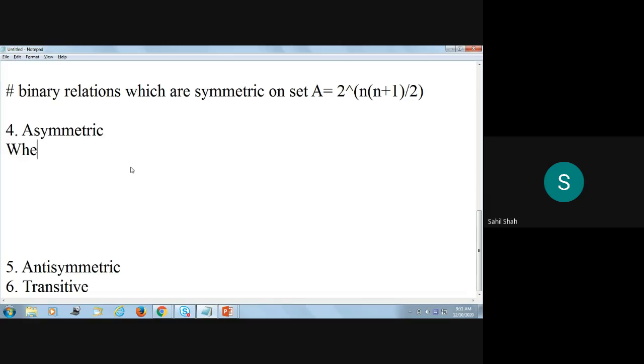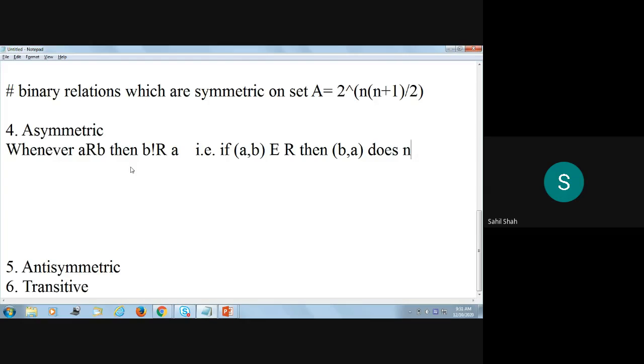Whenever A is in relationship with B, then B is not in relationship with A. That is, if A comma B belongs to R, then B comma A does not belong to R. It is like something saying if there is a path from source to destination, you cannot come again.